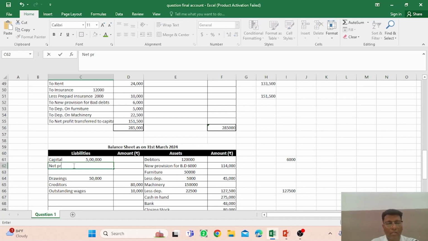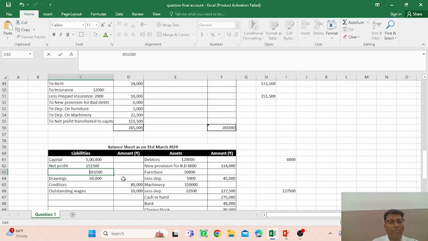So this is the part of now capital. Net profit would be added, 151,500. So you find this amount 6,515,000, right?